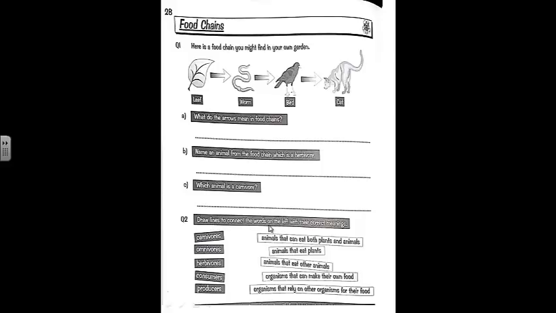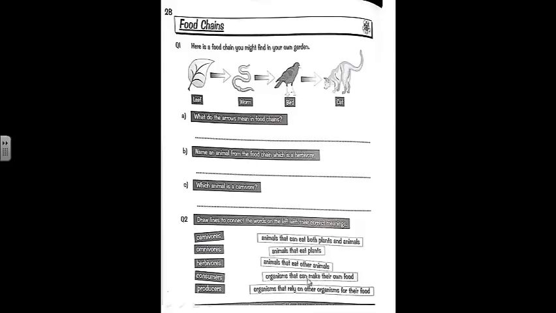Draw a line to connect the words on the left with their correct meaning. Carnivore, omnivore, herbivore, consumers and producers. Animals that can eat both plants and animals: omnivore. Excellent. Animals that eat plants: herbivore.